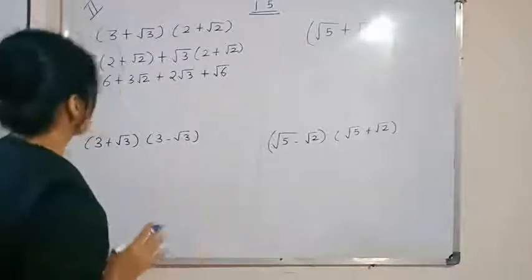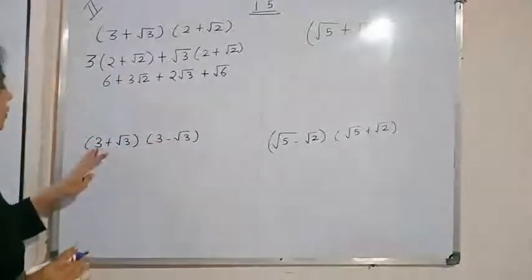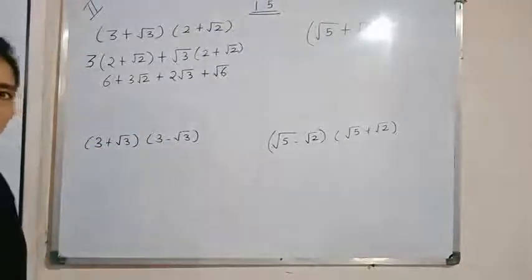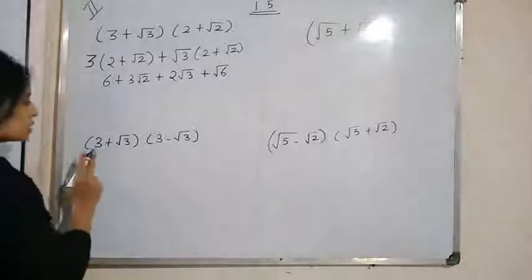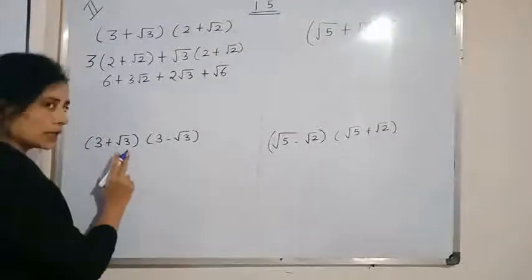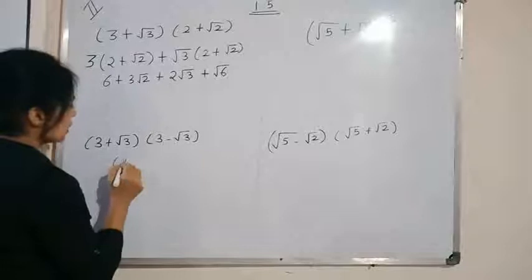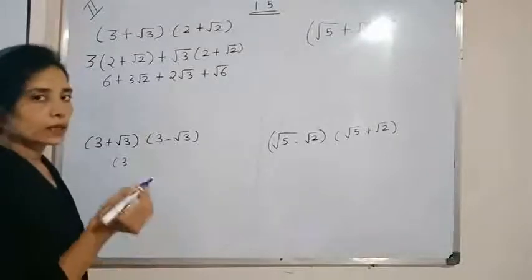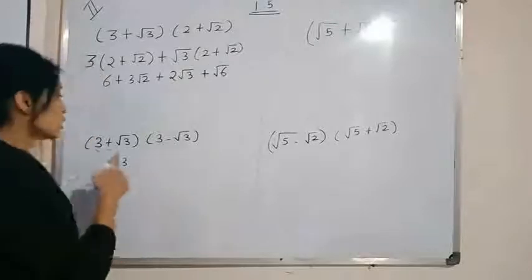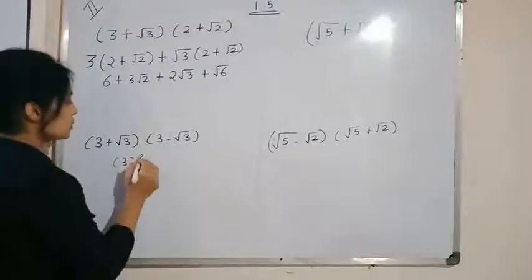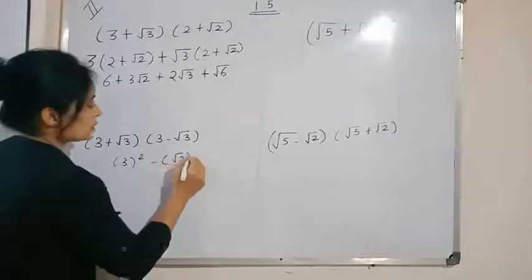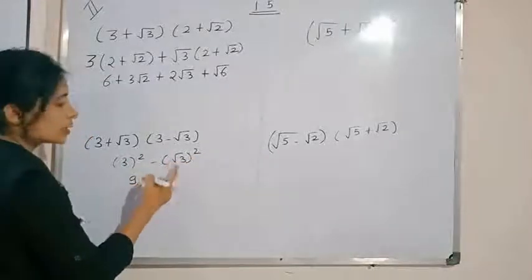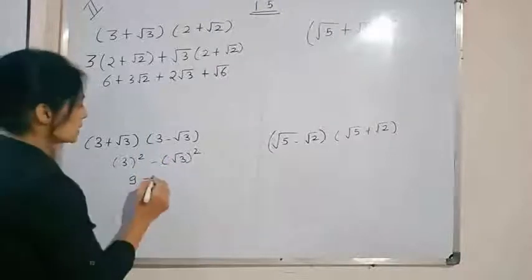Now if I come to this question, this is a plus b, a minus b. That is a square minus b square. What is your a? 3. What is your b? Under root 3. So identity we have to use. Already we have learned in chapter number 2 and this was of 8. So a plus b, a minus b equals a square minus b square. 3 square is 9 minus under root 3 square would be 3.